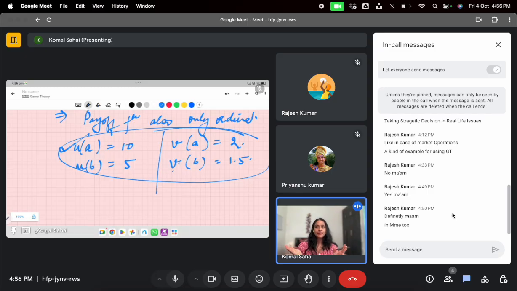Both will represent the same preference. If a monotonic transformation has been applied, that is what it means. A monotonic transformation can be in either direction. So this is a monotonic transformation of U in the downward direction, and U is a monotonic transformation of V in the upward direction.